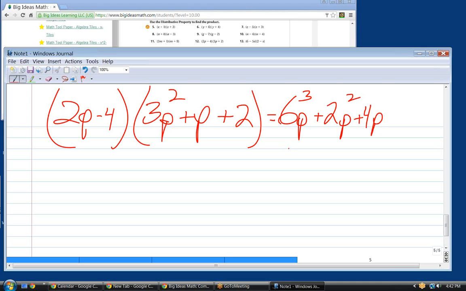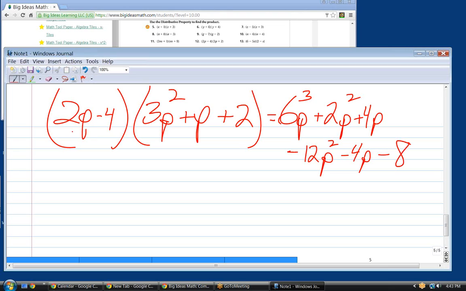Then it would be negative 12p squared, minus 4p, minus 8. Good. And always follow that methodology.